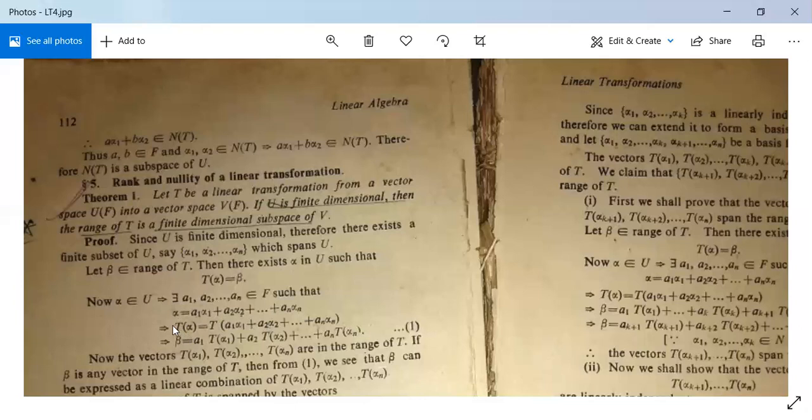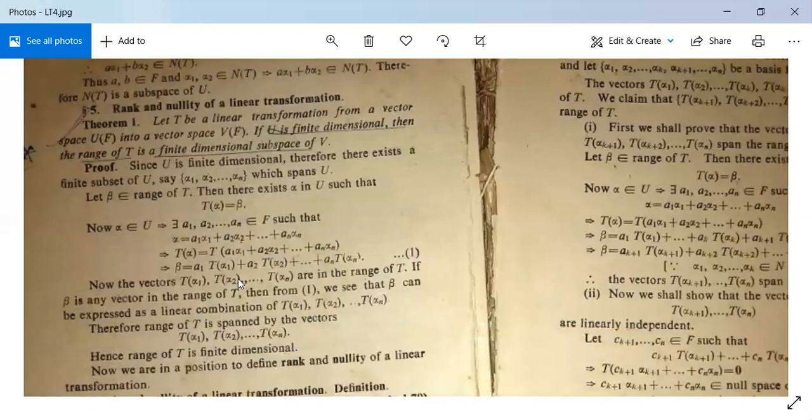Apply T here. So T alpha will be T of a1 alpha 1 plus a2 alpha 2 plus and so on plus an alpha n. It means this T alpha is your beta. Beta is equal to a1 T alpha 1 plus a2 T alpha 2 plus and so on plus an T alpha n. See here, all of T alpha 1, T alpha 2, up to T alpha n are in the range of T, R(T). They belong to R(T). And beta is written as a linear combination of the elements of R(T).